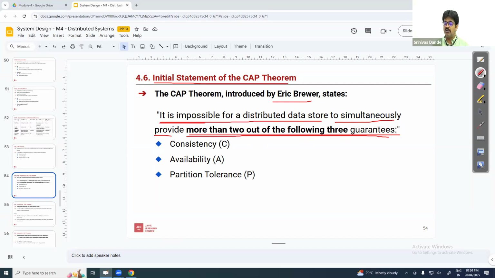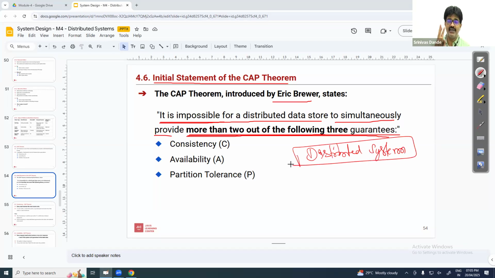It is impossible to provide more than 2 guarantees from these 3. If you develop a distributed system, in reality you can guarantee only 2. More than 2, meaning 3 guarantees, is impossible.